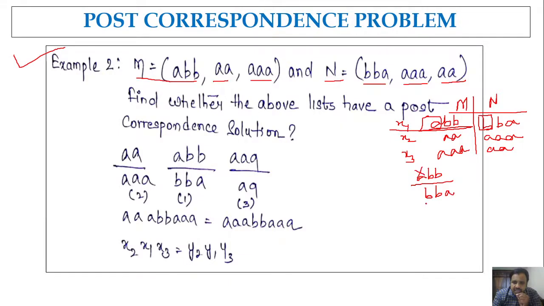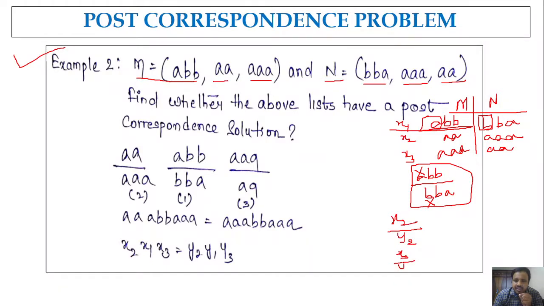A is the first symbol in one and B is the first symbol in list N, so there is a mismatch. So you could not start with x1. You may start with either index 2 or index 3, that is, the x2 y2 combination or the x3 y3 combination.